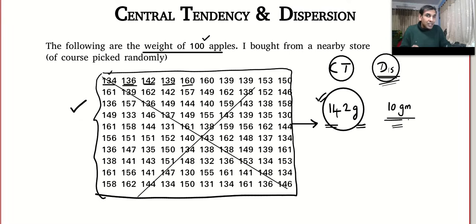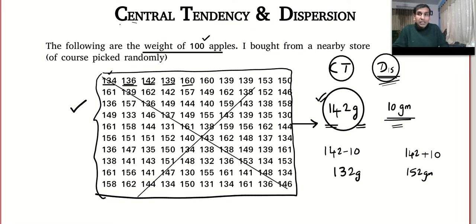And this tells me most of the apples will be between 142 minus 10 and 142 plus 10 gram. That is, between 132 gram and 152 gram. Did you get the point? So this is all about central tendency and dispersion.